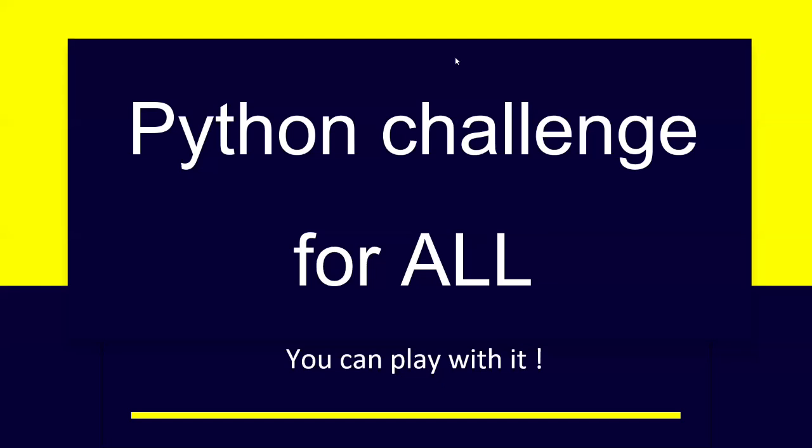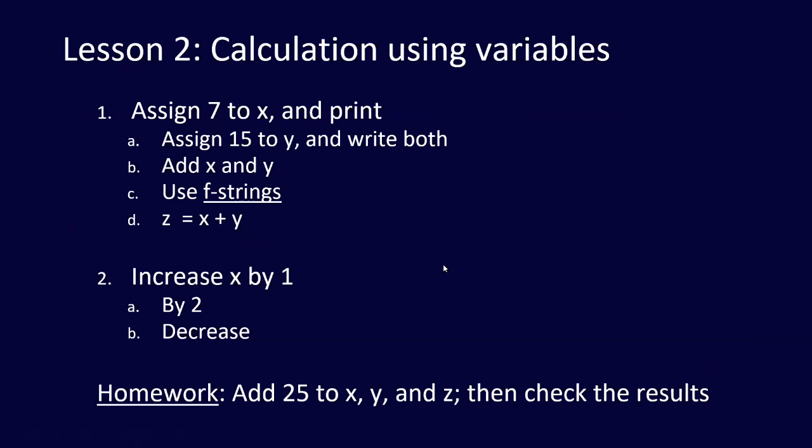Okay, last time we did some calculations using variables, such as x, y, and z. You remember that? We learned how to assign to y, add x and y, assign it back to z, and also we learned how to use f-strings and use a mixture of variables and strings, and increase x by 1.